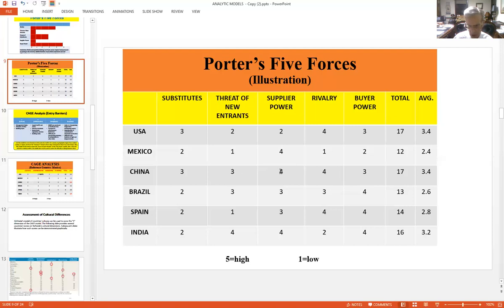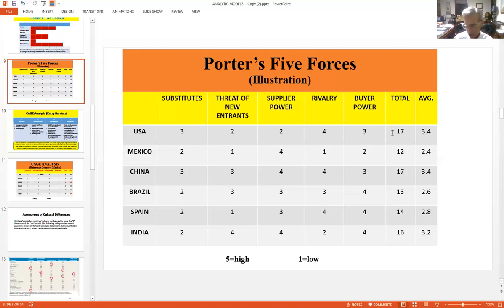Supplier potential, that is the ability to supply. I don't know whether this was Cemex or not, but it looks like suppliers have a pretty strong force in Mexico and China here, and so forth.